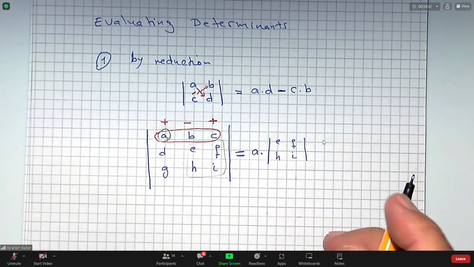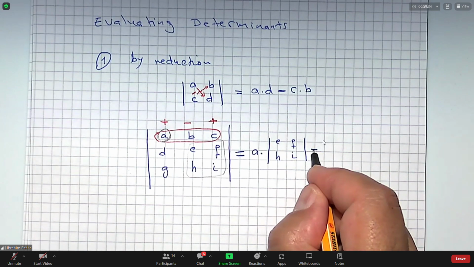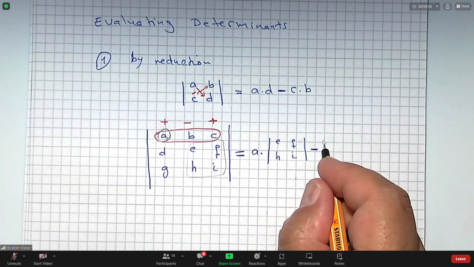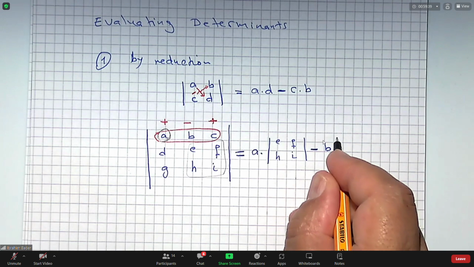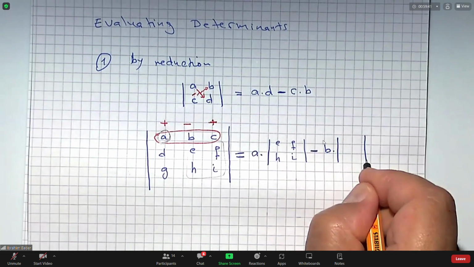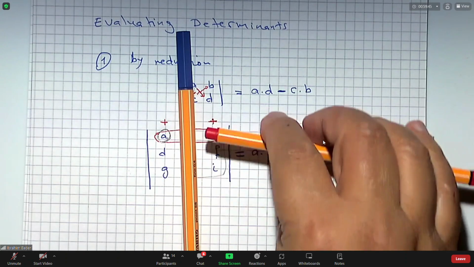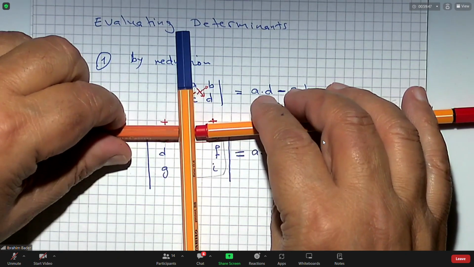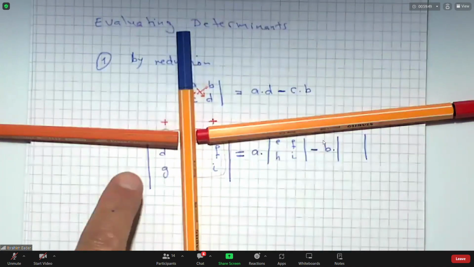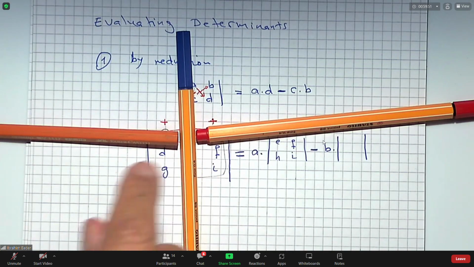Now, the second one here, don't forget the negative here. B, I will multiply it with the determinant that remains after deleting the row and column where B is located. And I hope that everyone can see I'm left with D, F, G, I here, okay?